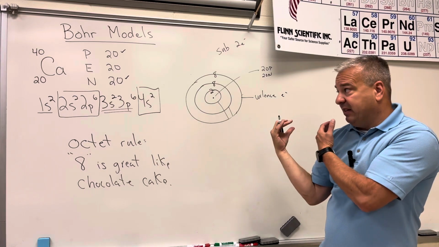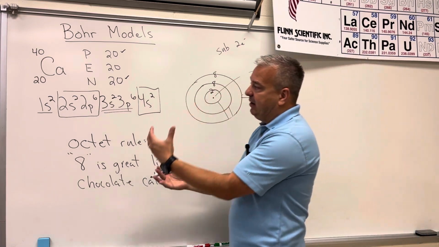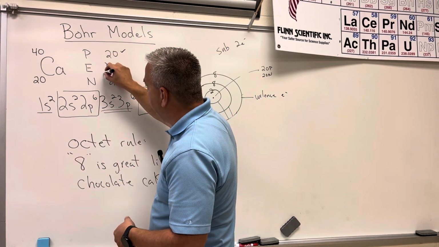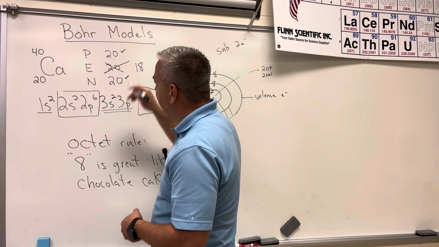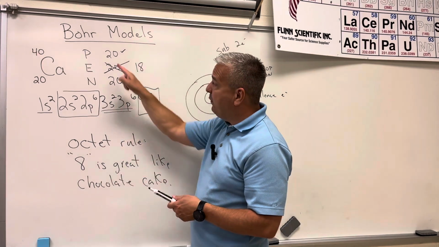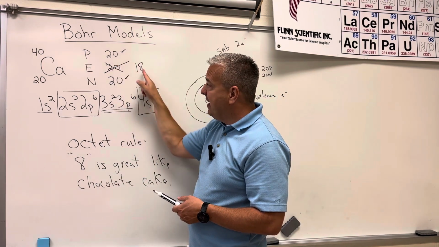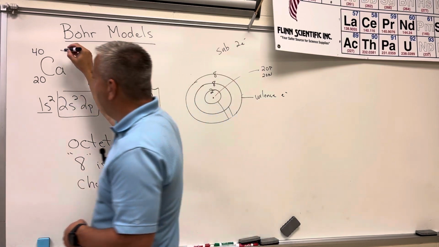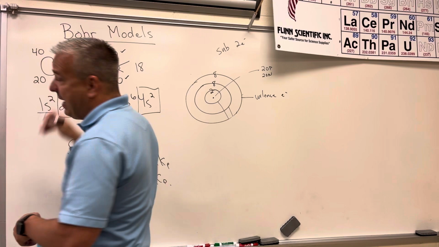They went someplace. So if we come back here and we look at our beginning material, there's no longer 20 electrons, there's 18. And if you have 20 positive particles and 18 negative particles, you're going to end up getting a charge of positive 2.